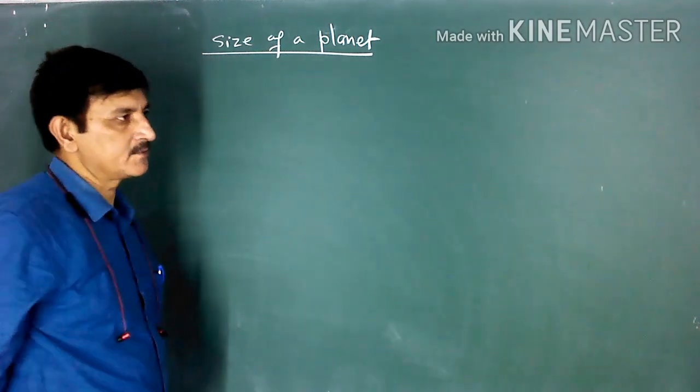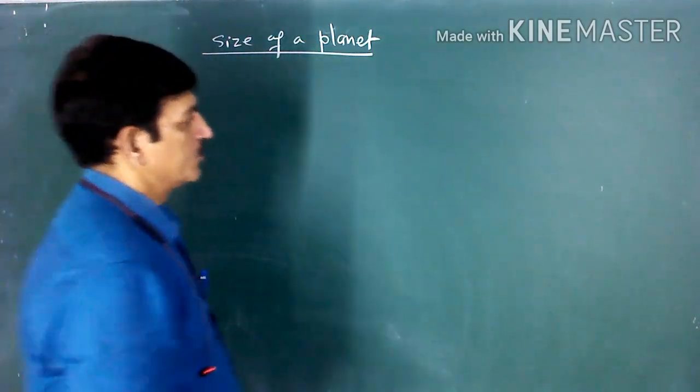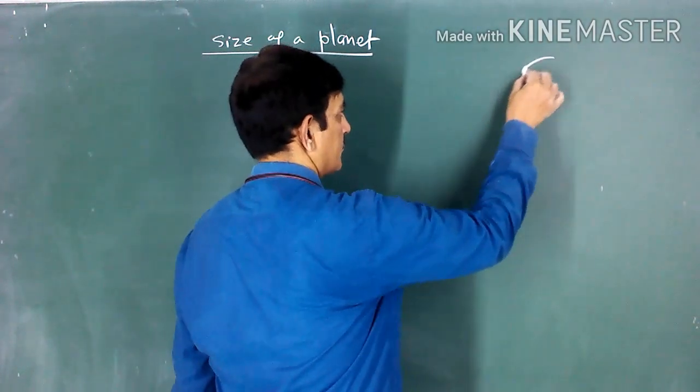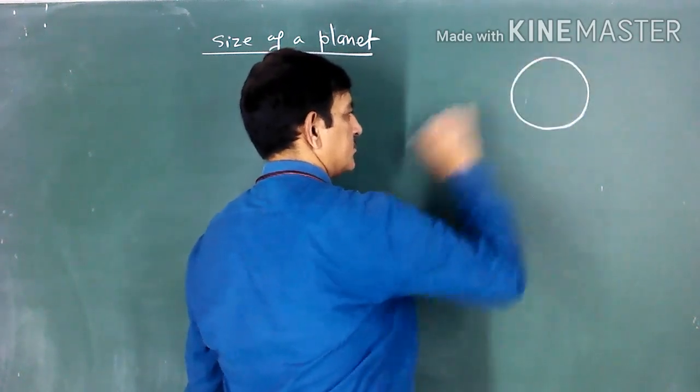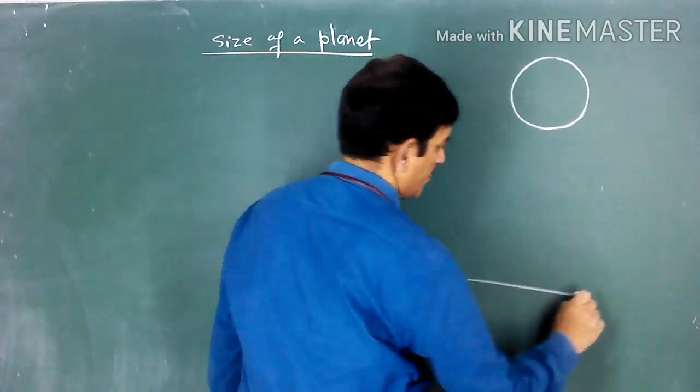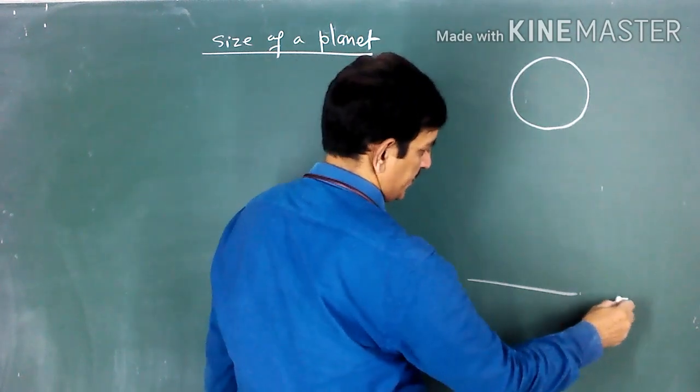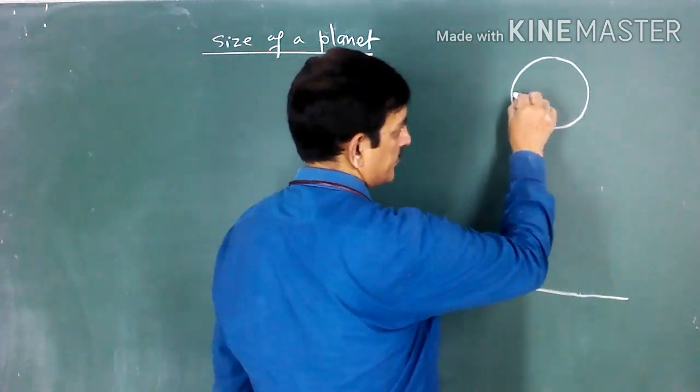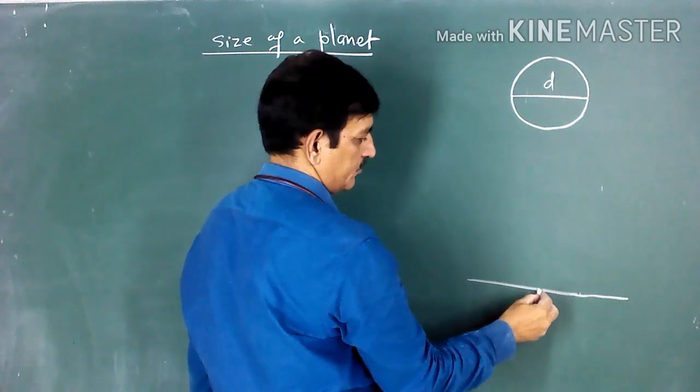Size of a planet. Suppose there is a planet and we are going to measure its diameter d from the ground.